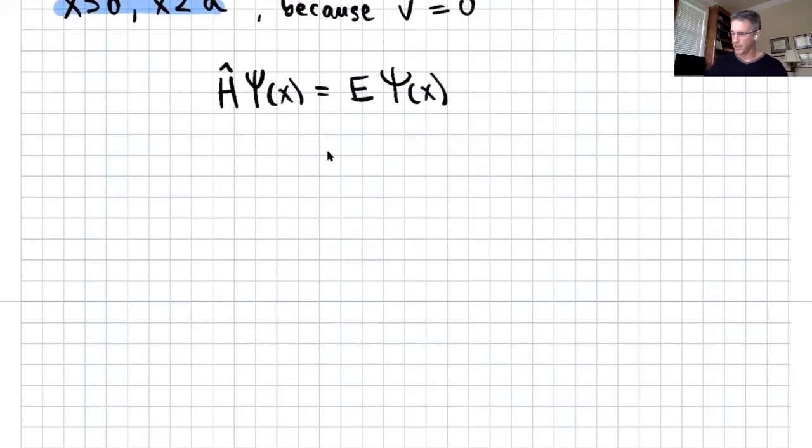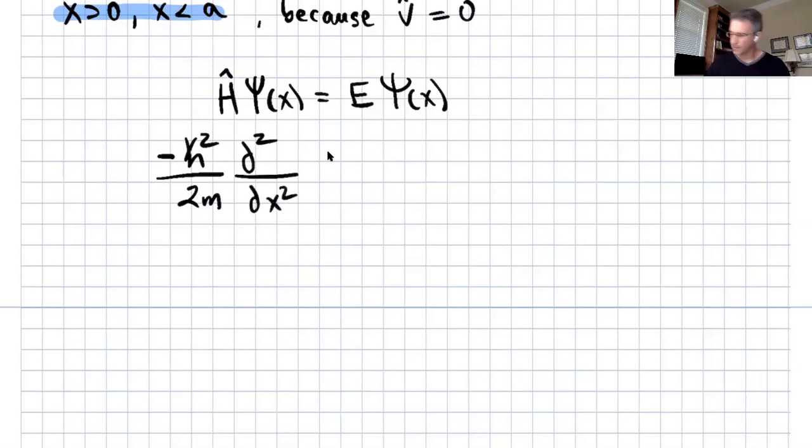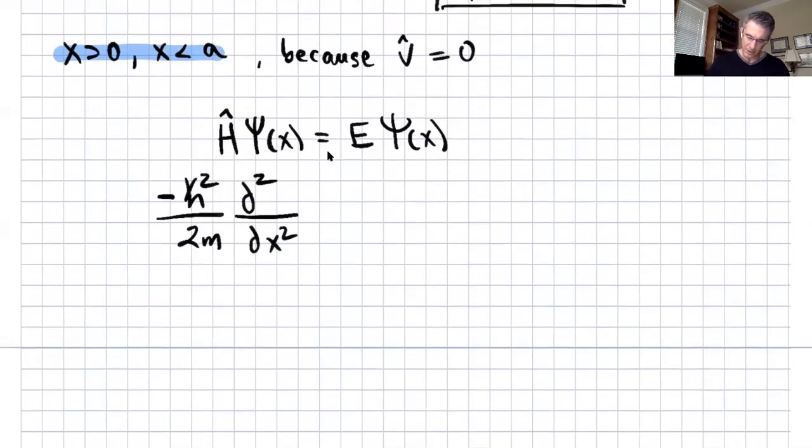We can again think about writing down that Hamiltonian. We need the kinetic energy component of that Hamiltonian, so it's going to be minus h bar squared over 2m, where m is the mass of the particle, times the partial second derivative with respect to x. But because we defined the potential energy operator as 0 inside the box, we don't have a second component to that Hamiltonian.